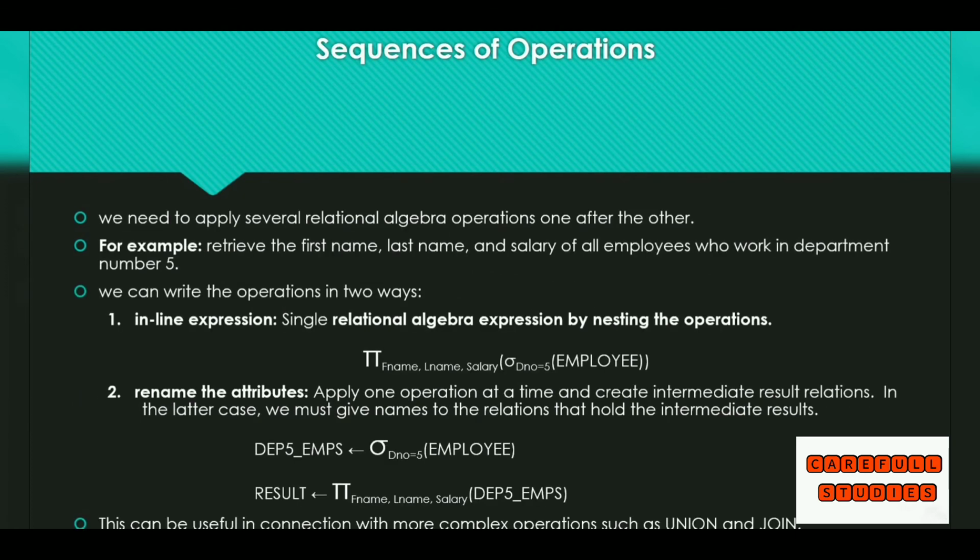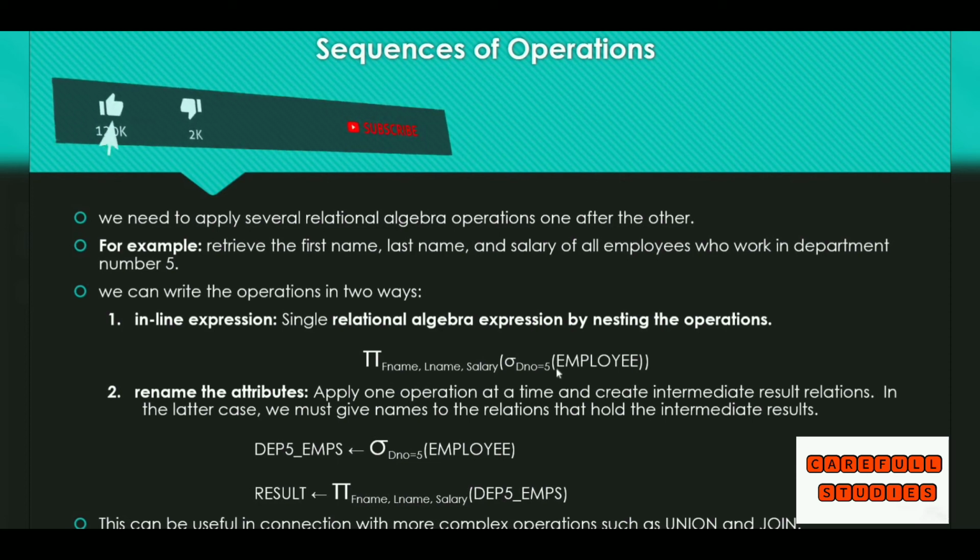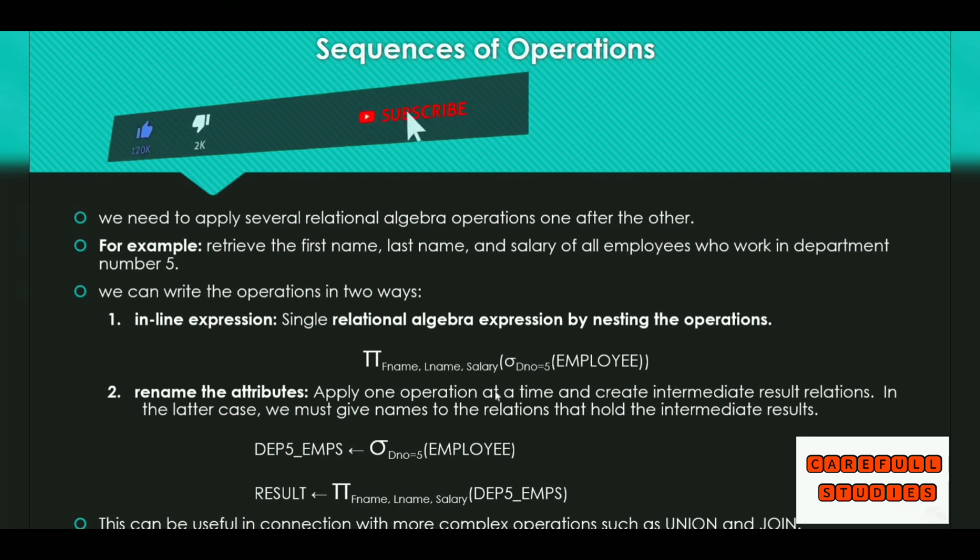Next, the sequence of operations. It has inline expressions and renaming the attributes. For example, retrieve the first name, last name and salary of all employees who work in department number 5. Inline expression means a single algebra expression which retrieves the three attributes, first name, last name, and salary, in department number 5 of the employee table.